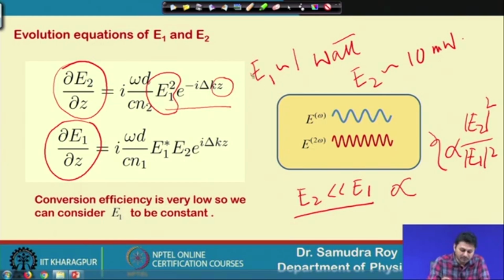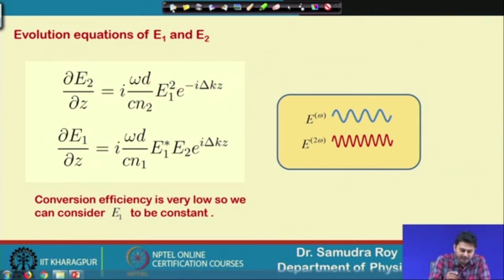So, here I should not write E1 because it is a unit of watt. So, better to write it as P1 and P2. So, P1 and P2 are of the order of 1 watt and 10 milliwatt, then the efficiency, which is proportional to P2 divided by P1, will be very small.